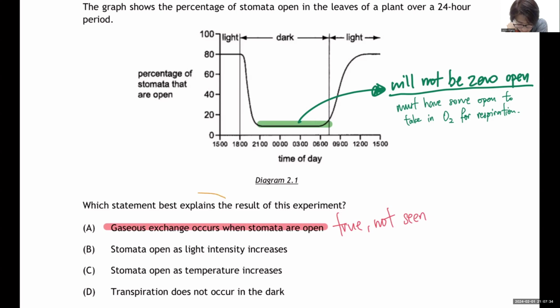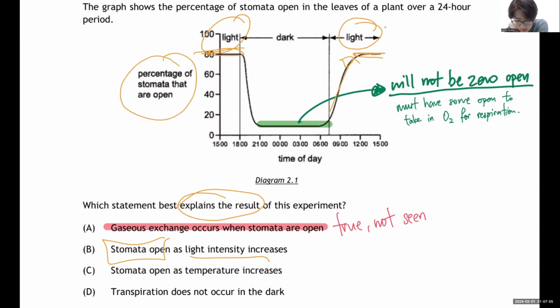The question is asking for what explains the result. So when it's brighter, the stomata open. Its light intensity increases. Is it true? Why not? When it's brighter, they open. When it's darker, they close.